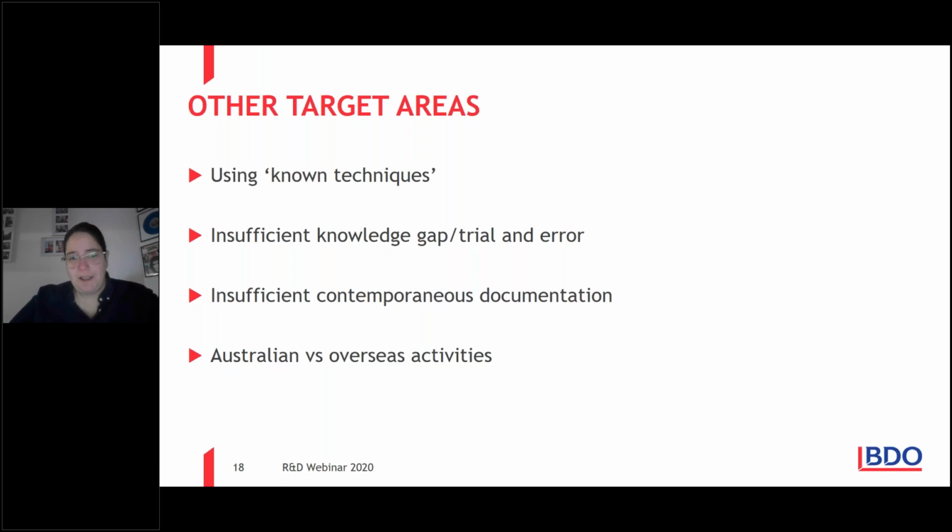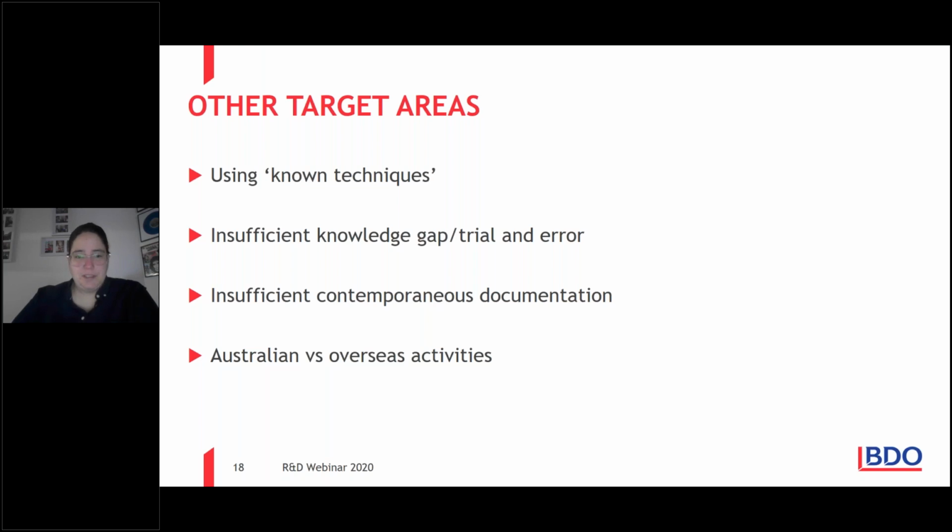So when it comes to your regular annual R&D claims, you cannot include significant overseas activities. We need to look at where the developer is physically based. If the developer is physically based overseas and doing a chunk of R&D work for you, but they're not physically in Australia, you can't include that in your regular annual claim.